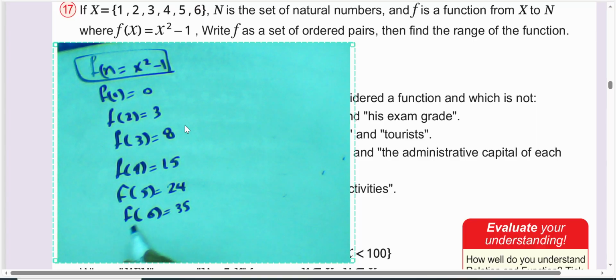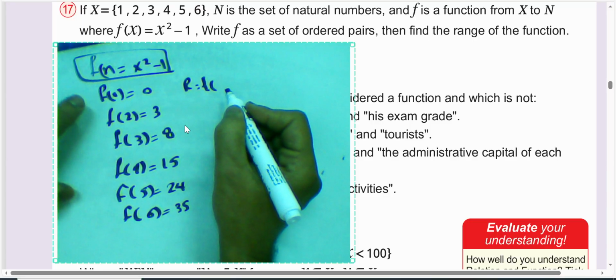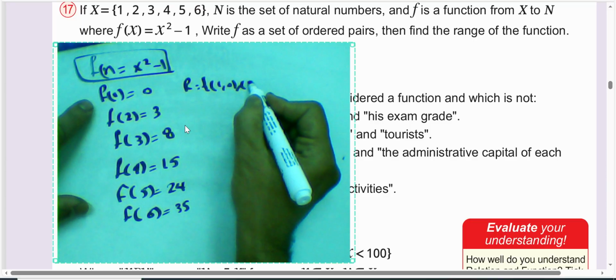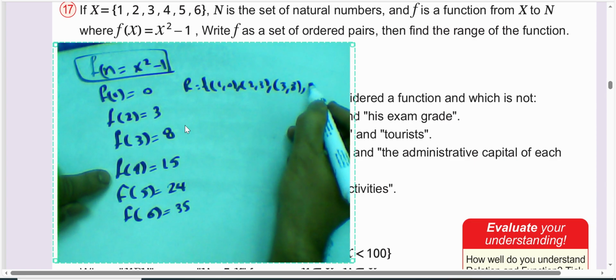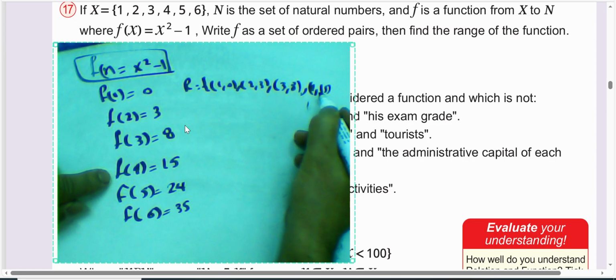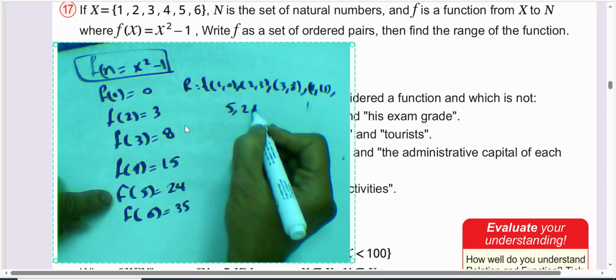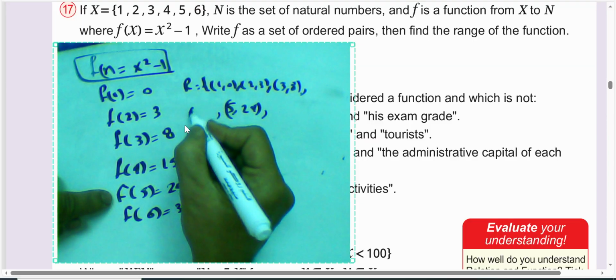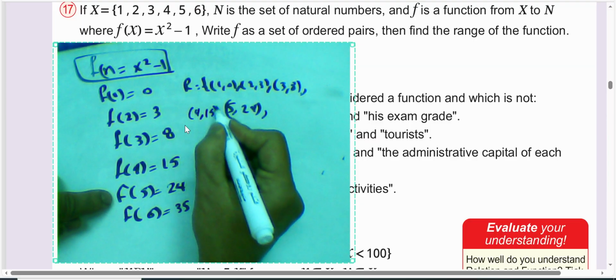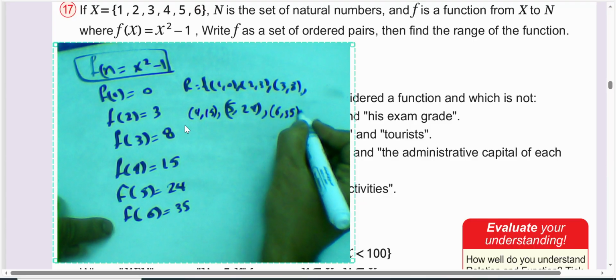We can write the function here, f of x, in order: first 1 with 0, 2 with 3, 3 with 8, 4 with 15, and 5 with 24, and 6 with 35.